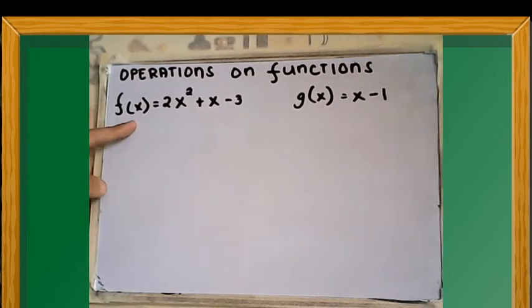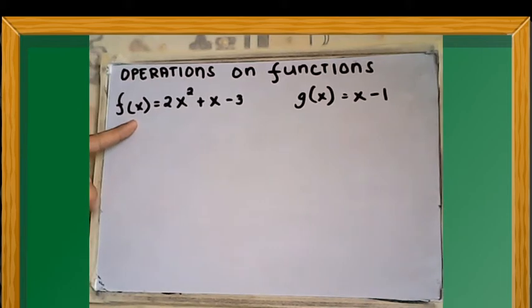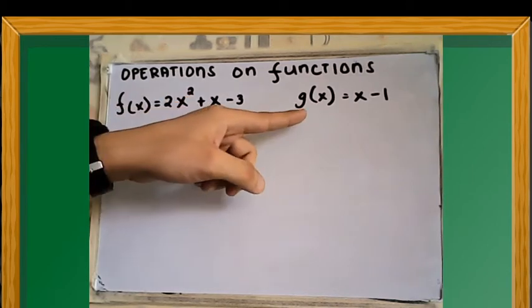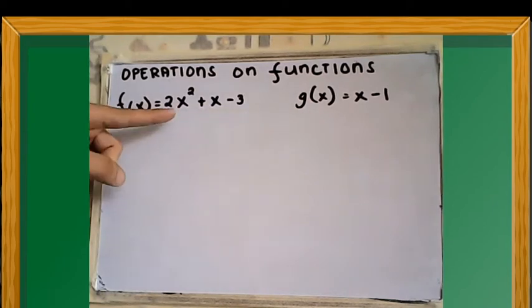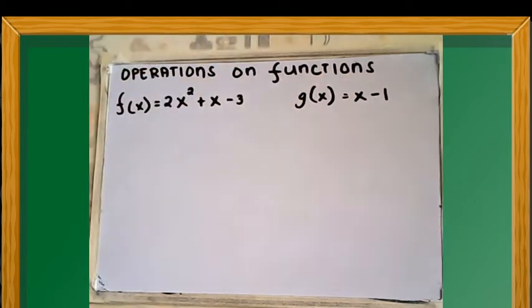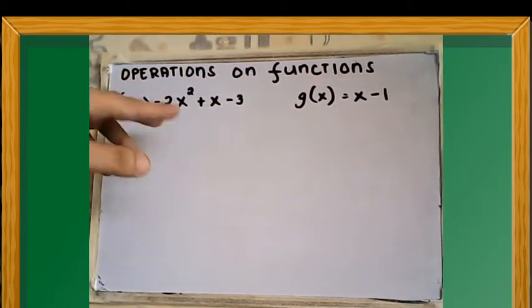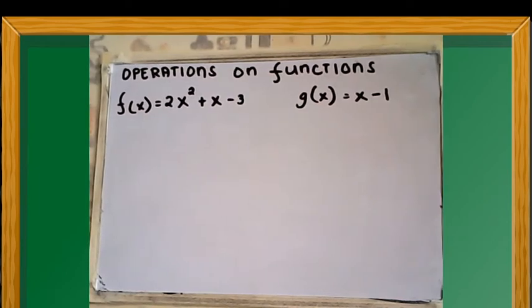Commonly, we use f of x to identify a function. But if there are two or more functions, we can use other letters aside from f. So here, aside from f of x, we use g of x. And the two functions are 2x squared plus x minus 3 and x minus 1.